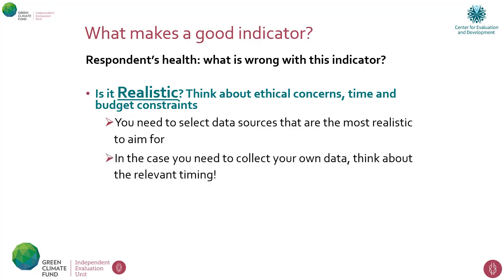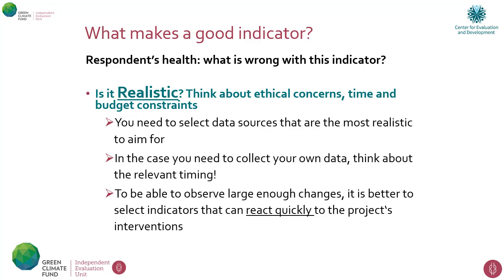In the case there is not enough existing data that could answer your questions and that you need to collect your own data, which is very likely the case, you need to think about the relevant timing. Remember that to be able to observe large enough changes, it is better to select indicators that can react quickly to the project's interventions.